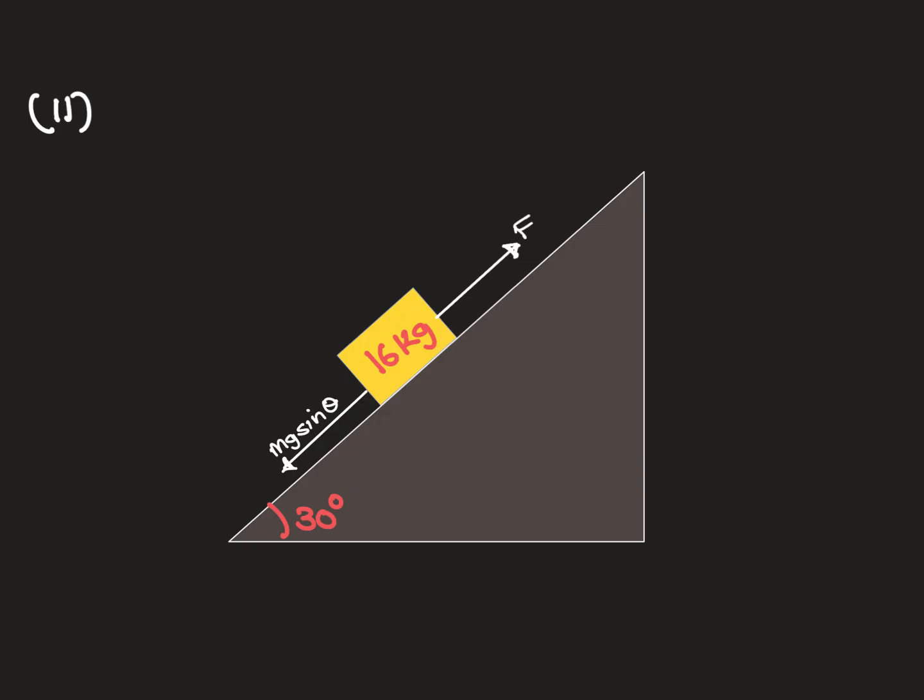But there is additional information given. We are given an applied force of 40 newtons acting parallel and down the plane. Let's indicate that. We have an applied force of 40 newtons; you can write P if you want, so P is the applied force.